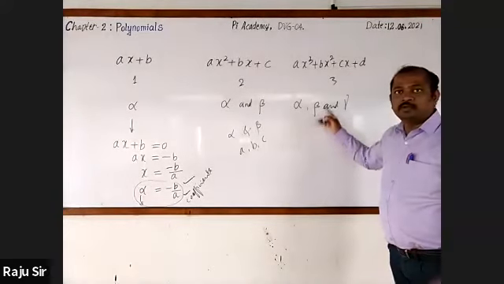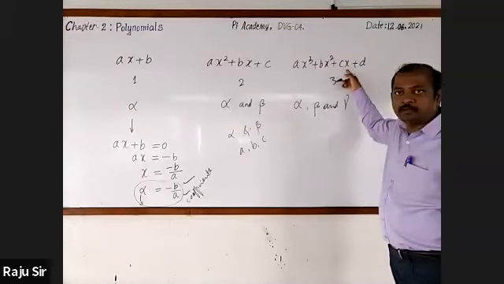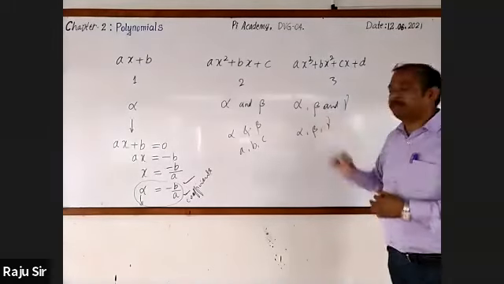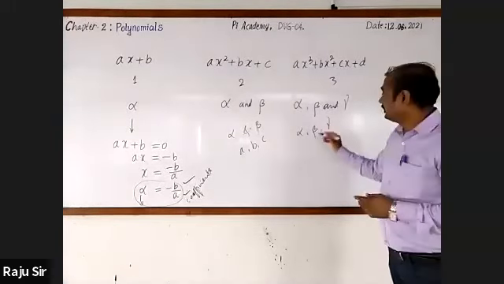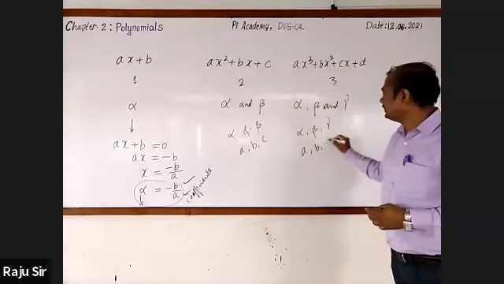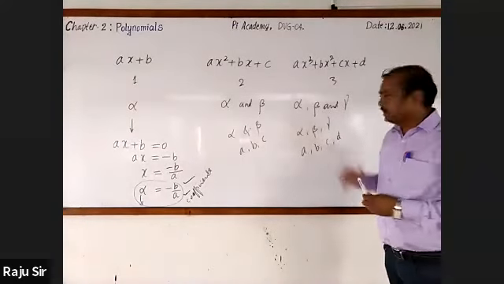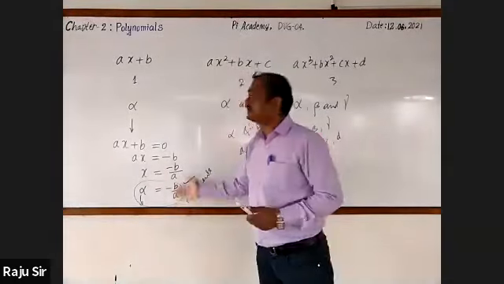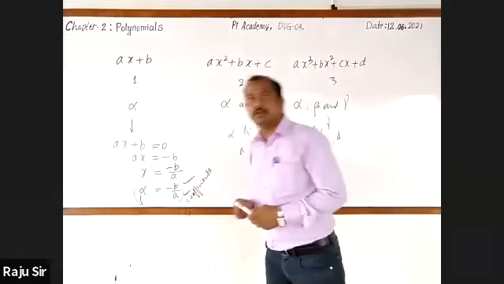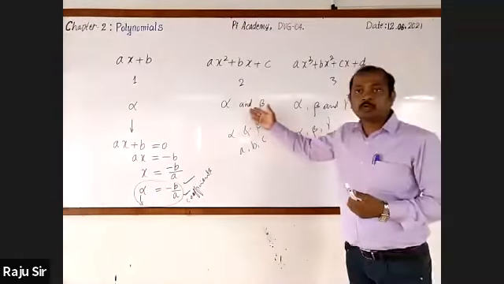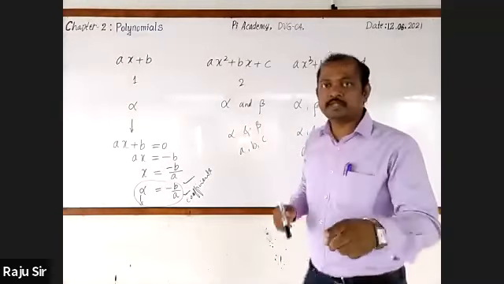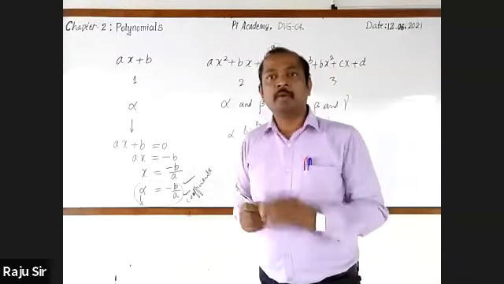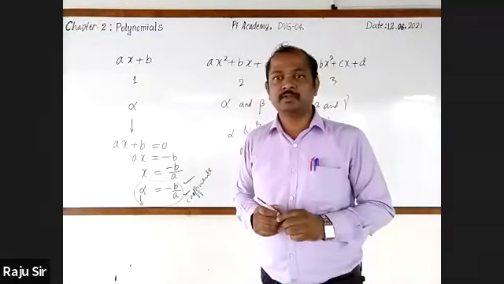Similarly, for a cubic polynomial, there is a relationship among the zeros alpha, beta, and gamma and the coefficients a, b, c, and d. We have come across the relationship between the zero and coefficients of a linear polynomial, but what about quadratic and cubic? So in today's class, we will find the relationship among zeros and coefficients.